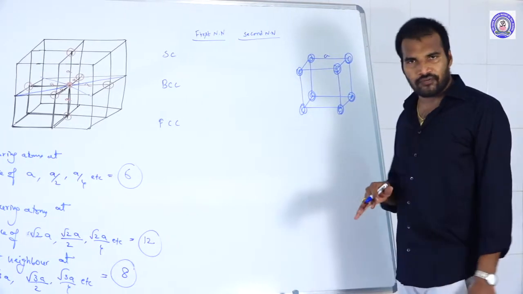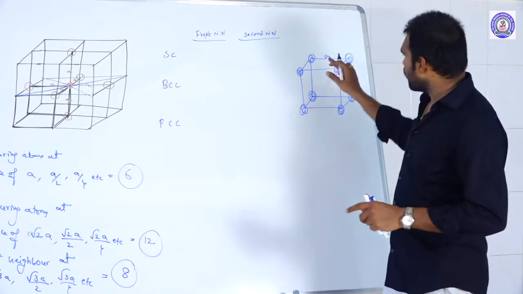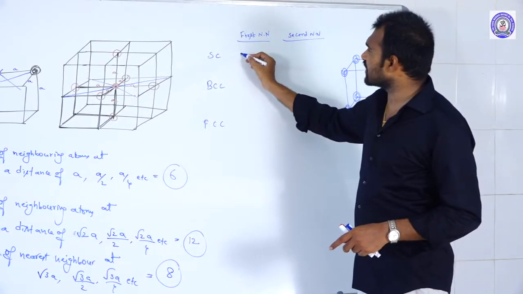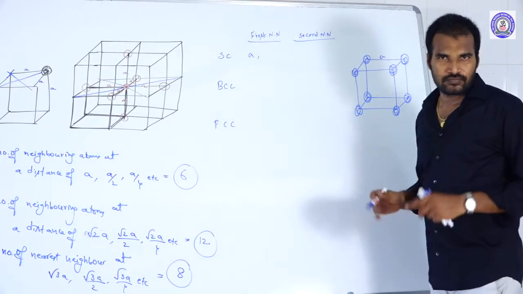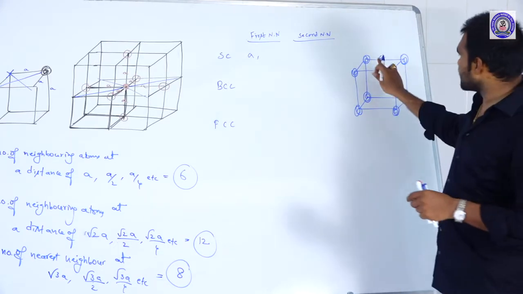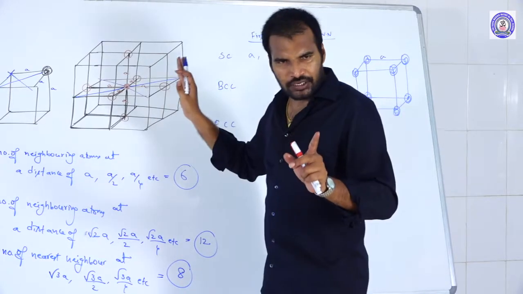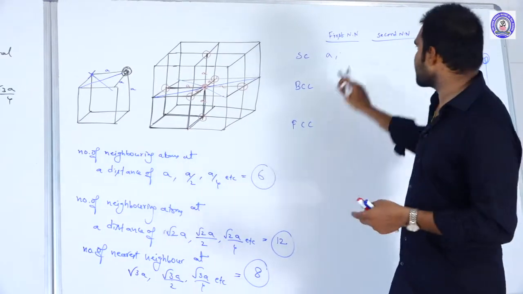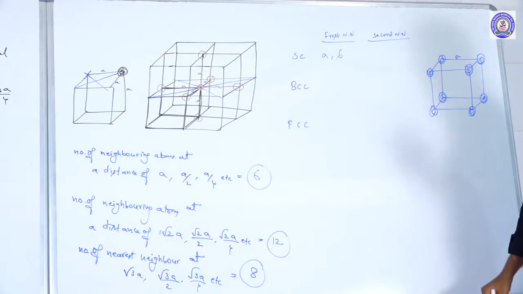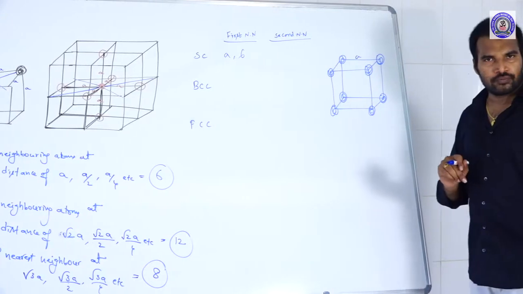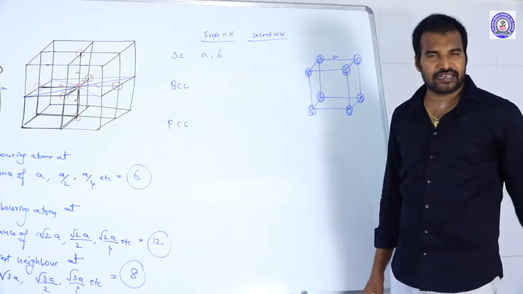Okay, so what is the formula for them? For the first nearest neighboring distance, it is A. Understand? The first nearest neighboring distance is A. At a distance of A in any cube, how many atoms? So the nearest neighboring atoms are 6. Understood? Next, for a simple cube, what is the second nearest neighboring distance?